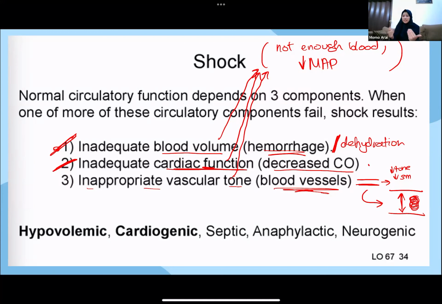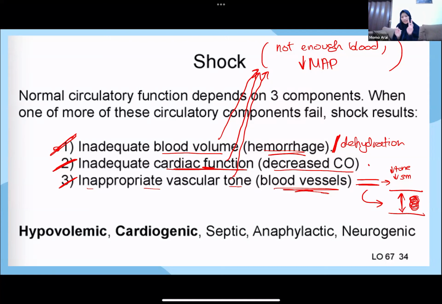You need a good tone for the blood to keep moving. So those three are the reasons: blood volume, cardiac function, and blood vessel tone, specifically dilation, when you don't have enough tone for the blood to keep going.